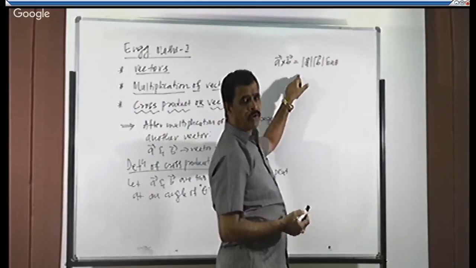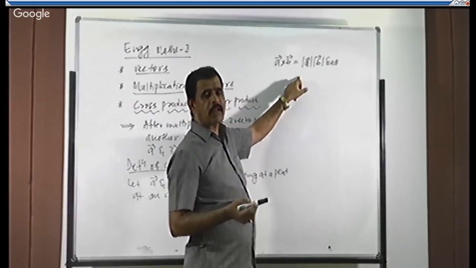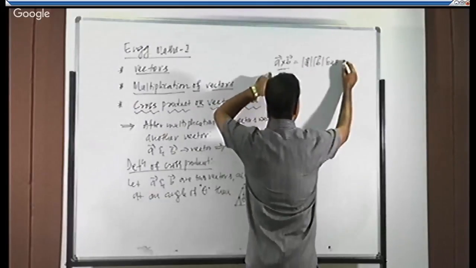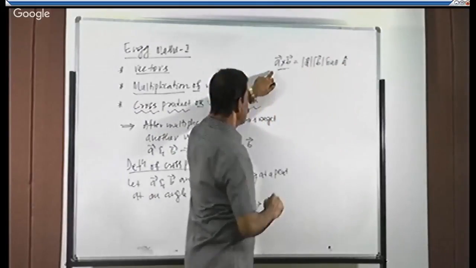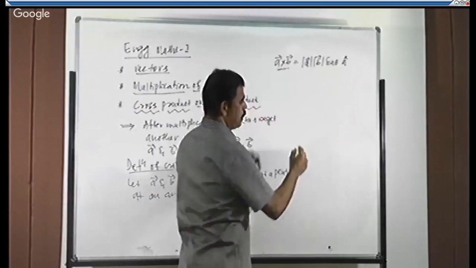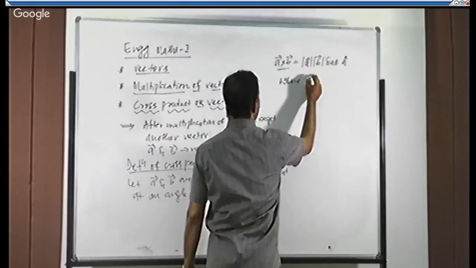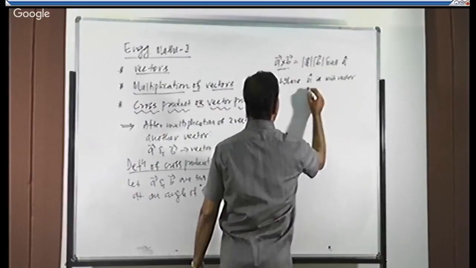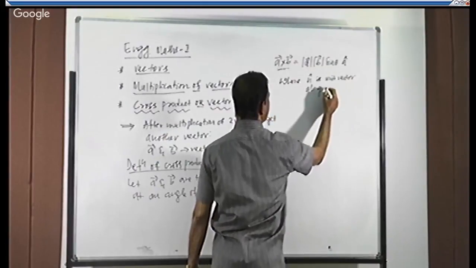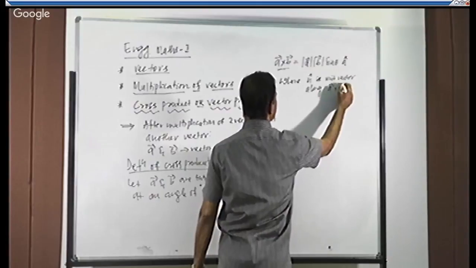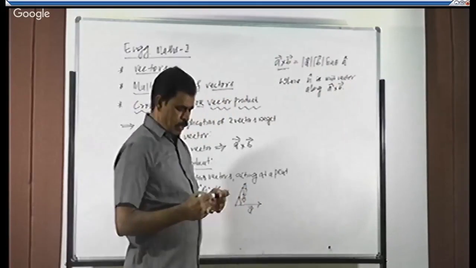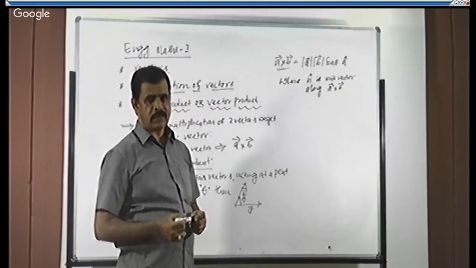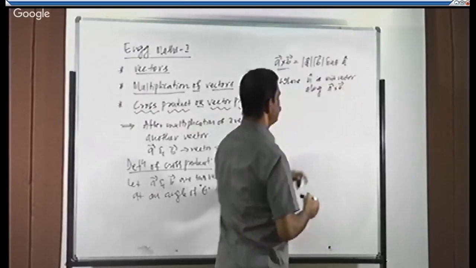According to the rule, there will be a unit vector along A cross B, so I will take n to be the unit vector in the direction of A cross B. The rule says that every vector is always associated with a unit vector along it, so that is n here.